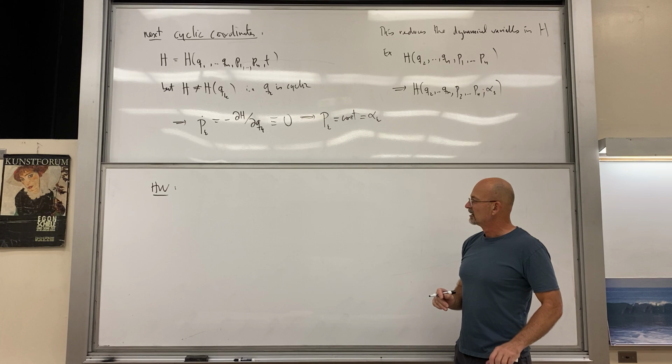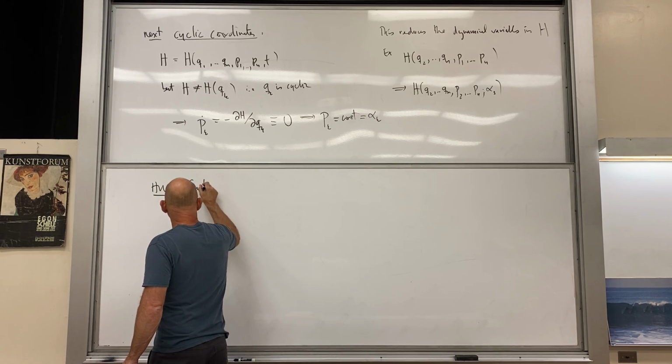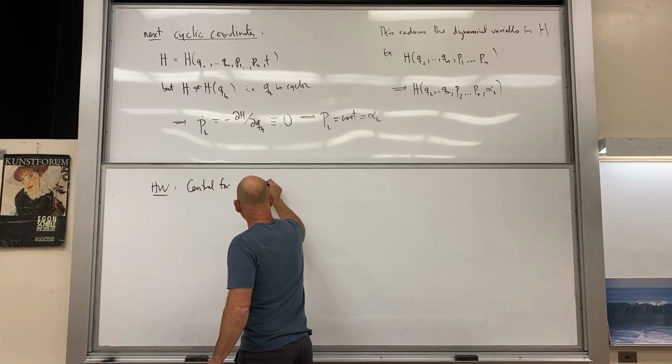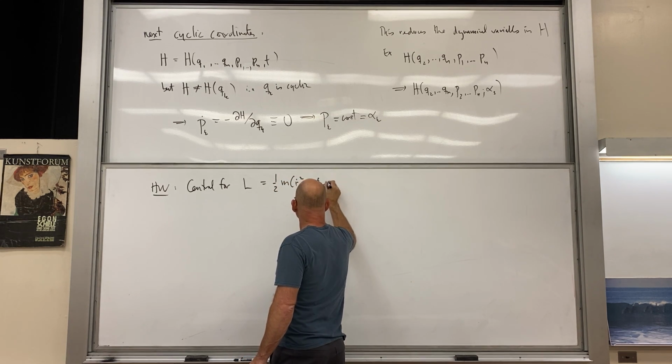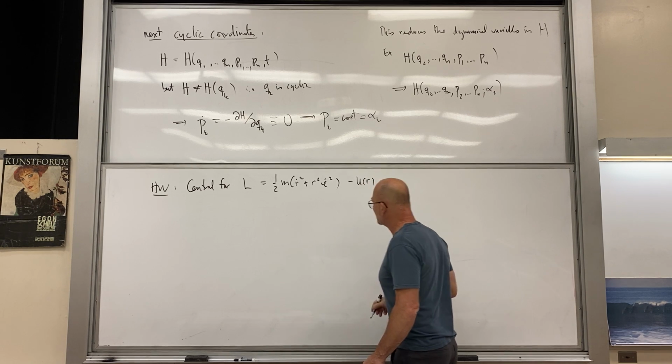Okay, so here's what we want to do. Central force Lagrangian: L equals 1/2 m r dot squared plus r squared phi dot squared, minus U of r.